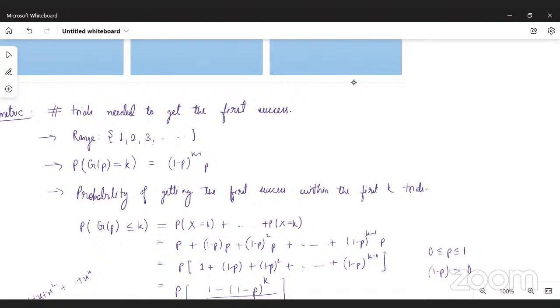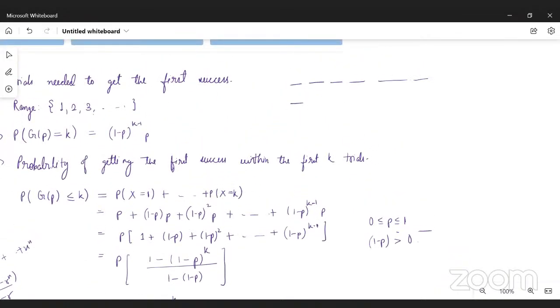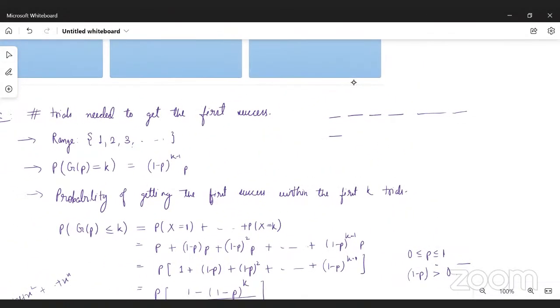You can get the first head in the first trial or the second trial or the third trial or the fourth trial, and it can go on, right? Similarly, if I throw a die and define my success to be getting an even number, I can get an even number on the first trial or the second or the third, and so on. Such situations model the geometric distribution.